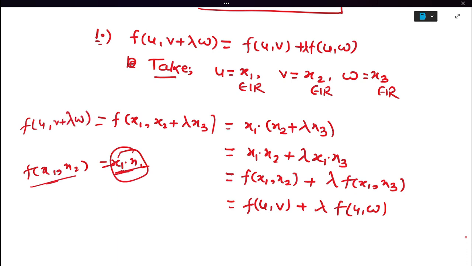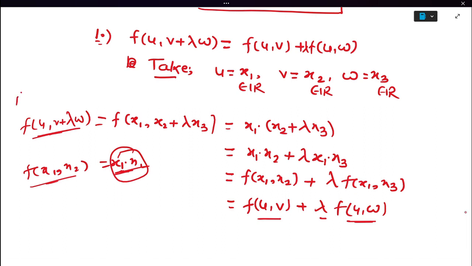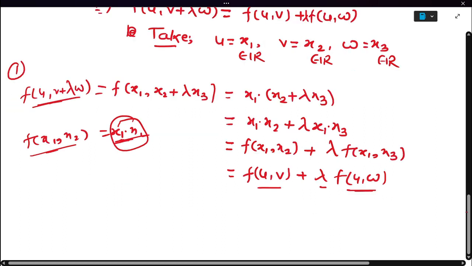So what we have proved here is that f(u, v plus lambda w) equals f(u, v) plus lambda f(u, w). Okay, and the second thing we have to prove is linearity in the first coordinate.